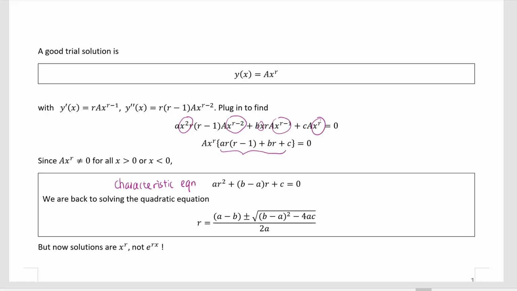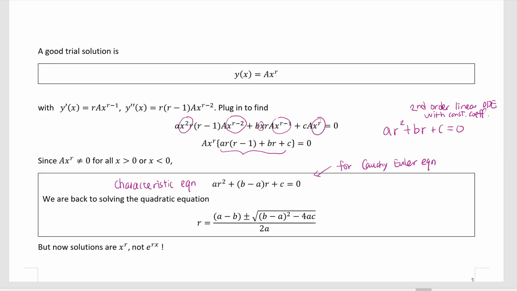So in our last lesson, the characteristic equation was a r squared plus b r plus c equal to 0. This is for a second order linear ODE with constant coefficients. But now this is the characteristic equation for Cauchy-Euler equations.